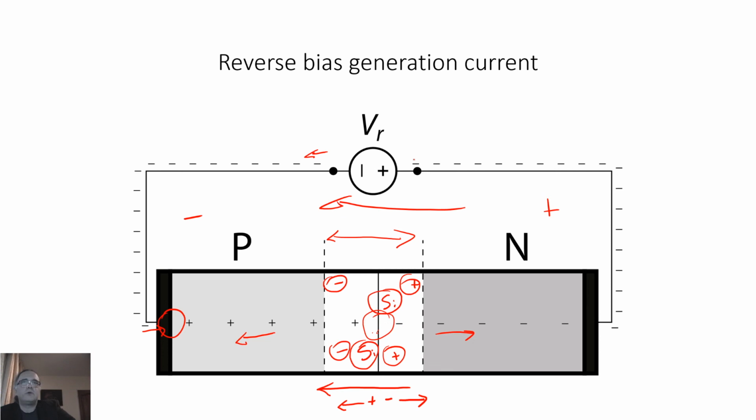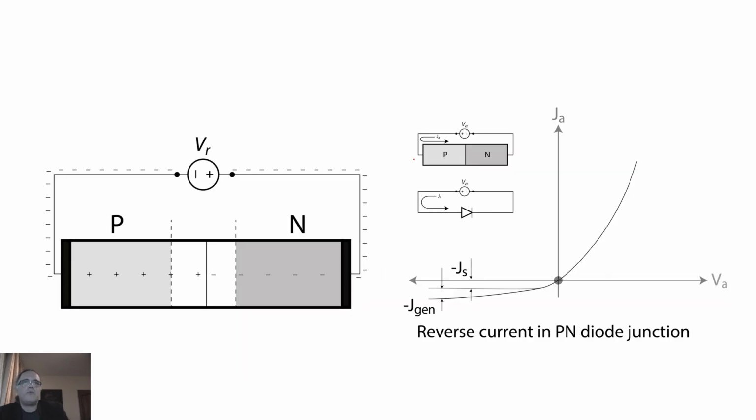So now if we look back at the volt-ampere characteristic, what we see is that the reversed current is actually larger than predicted due to the diffusion, and also it depends on the reversed applied voltage, this gradient.